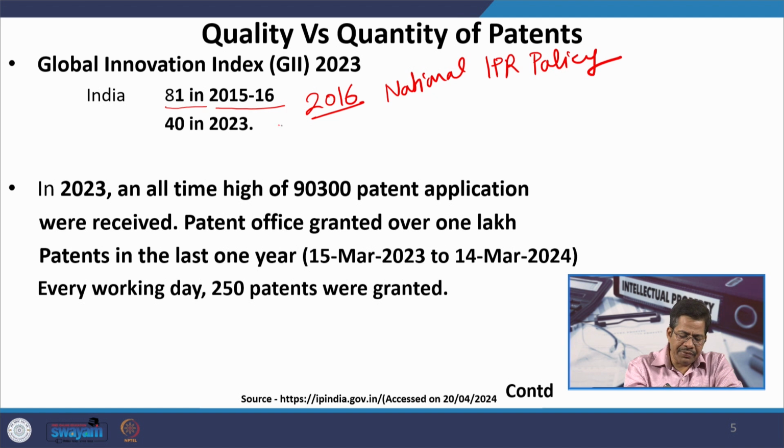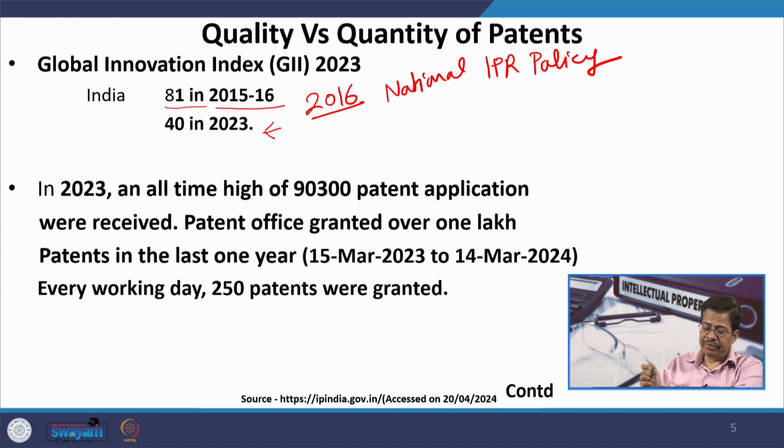As a result of that, in 2023, India reached 40th position in this Global Innovation Index, which shows that with respect to quantity as well as quality, there is an improvement in our IP culture. But still there is a long way to go.